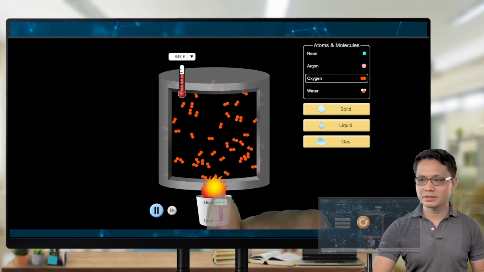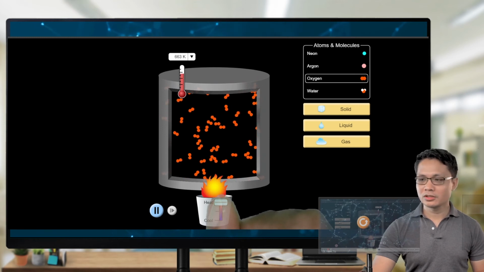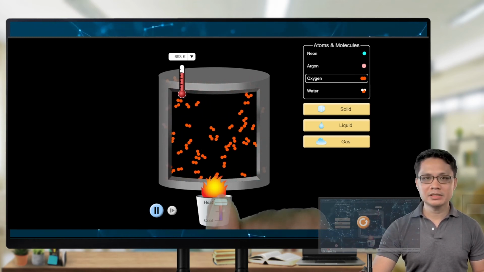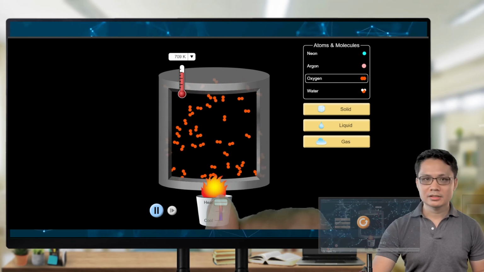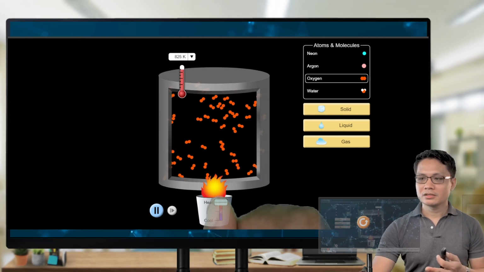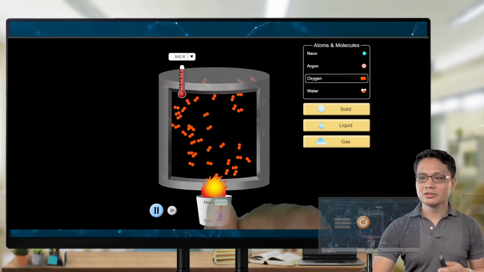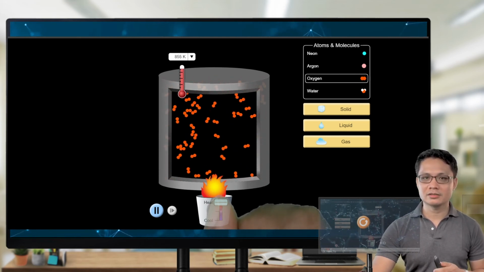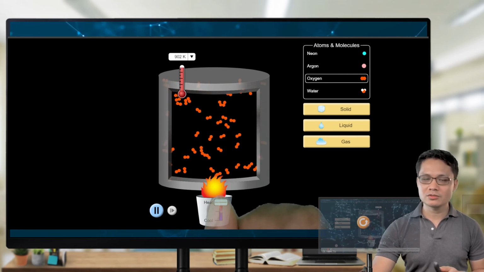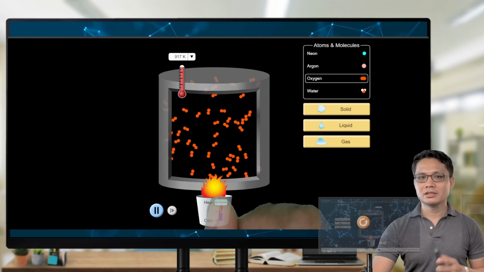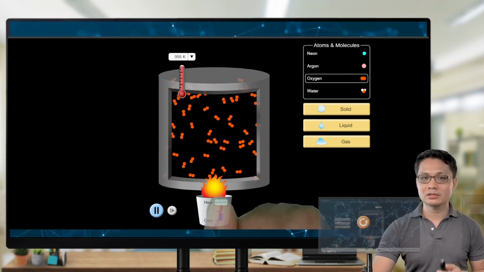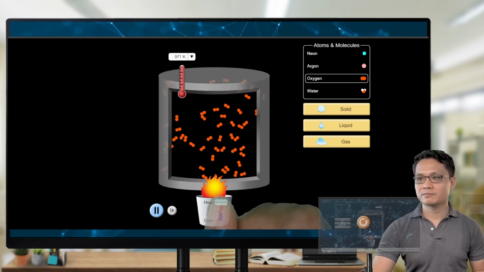See what will happen to these oxygen molecules at the highest possible temperature that can be given into the system. As you can see, the gas molecules here do not just exhibit translational motions. They also exhibit rotational motions. But in our assumptions, we did not include the rotational motions of these molecules. We only consider the translational motion of the particles.